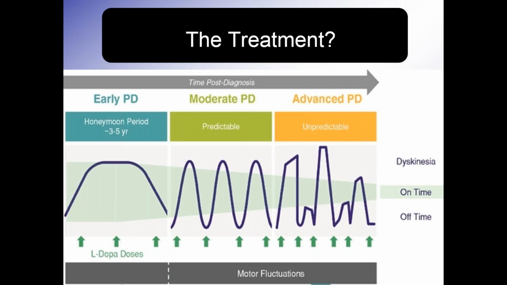With proper clinical management and the supervision of a neurologist, we should be able to adjust the meds accordingly so that we can avoid all of these peaks and the valleys down below. And there's multiple strategies which we're going to talk about to try and deal with these motor fluctuations.